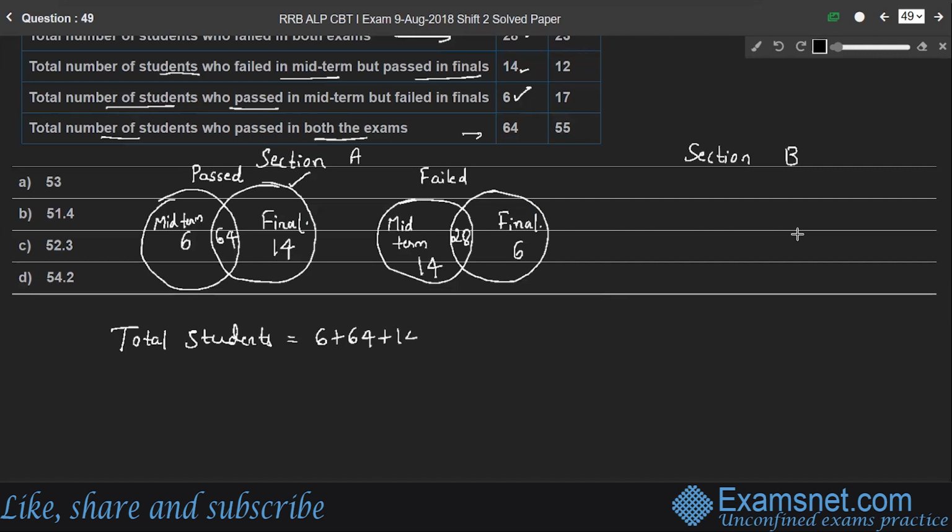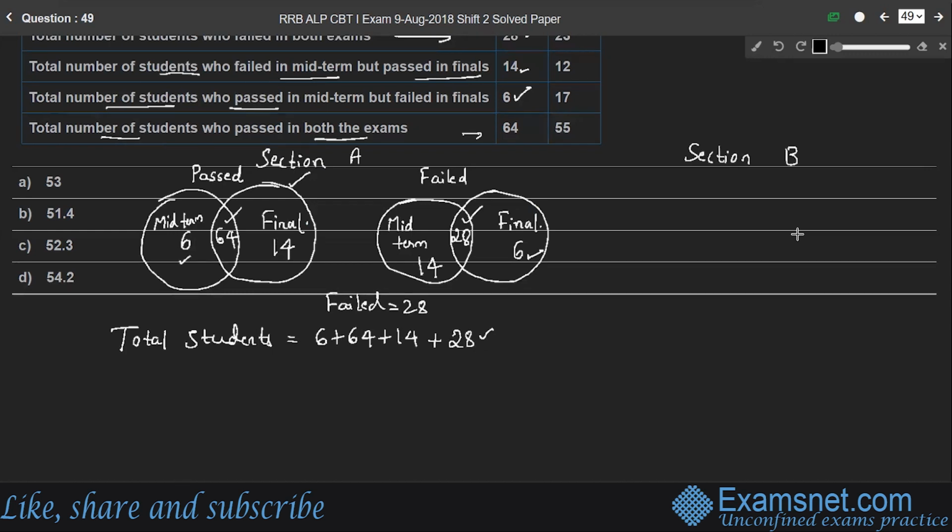plus 14, plus those who have failed in both the examinations, so 28. Here, failed students are 28. And the remaining 14 and 6 are those who have passed in one of the examinations. In both the examinations, 28 students failed. Plus, in both the examinations, those who have passed are 64.